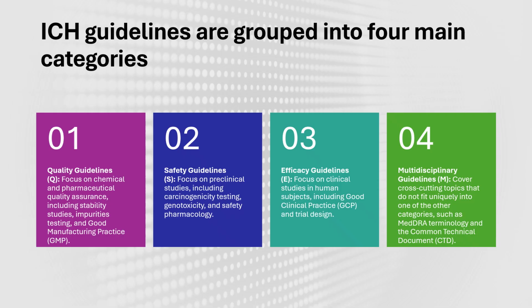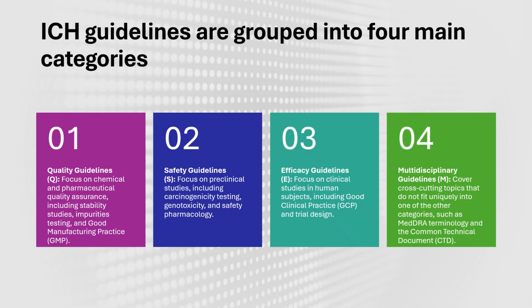ICH efficacy guidelines are very critical here in regard to pharmacovigilance by ensuring the safety, data collection, reporting, risk management from clinical trials through post marketing, etc. And the key guidelines are E2A to E2F.